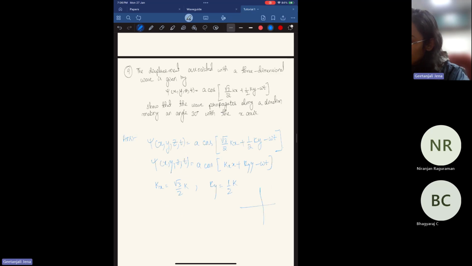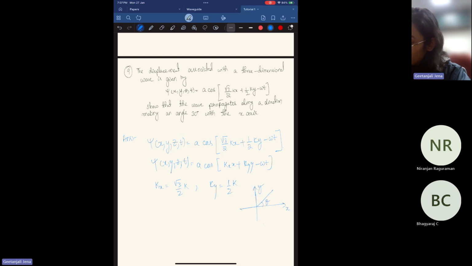Now let us say it is making an angle theta with the x-axis.